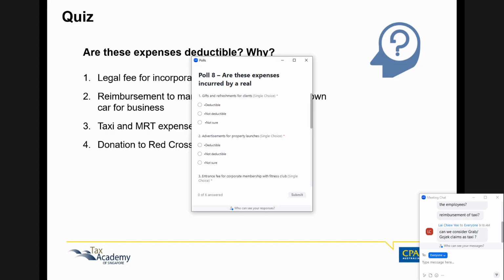So the question is whether these expenses incurred by a real estate company are deductible.